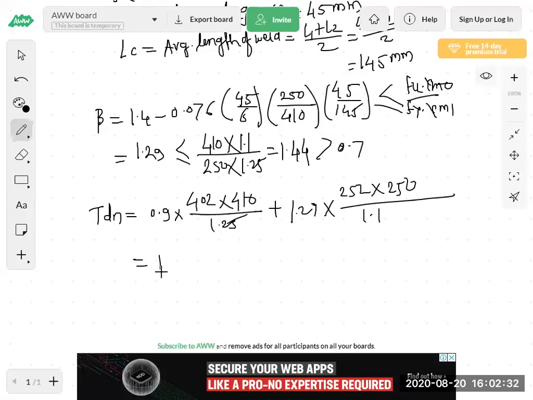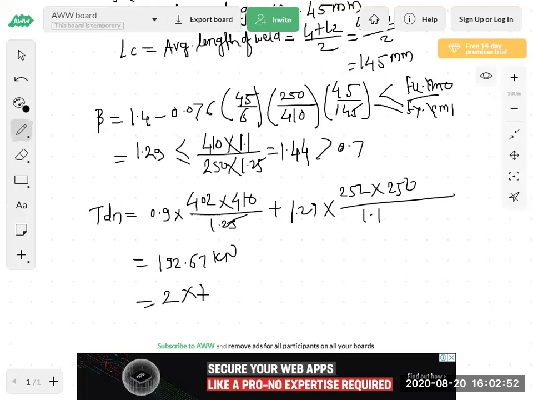This is per single angle. For two angles, wait, we have to multiply by 2, because we have not doubled the area yet. Correct. 192.67 kilonewton. Because here we have not multiplied by these two.